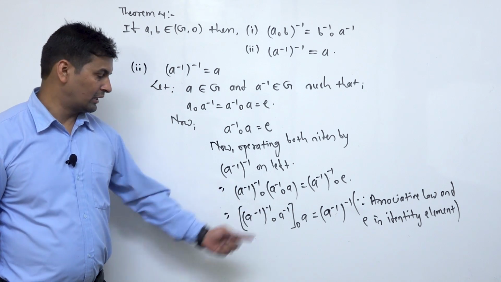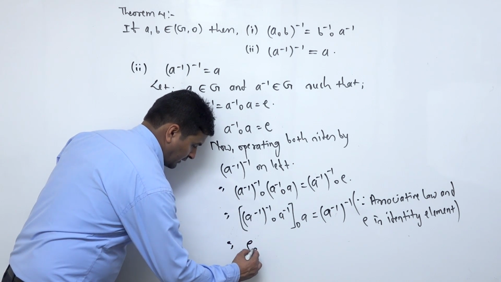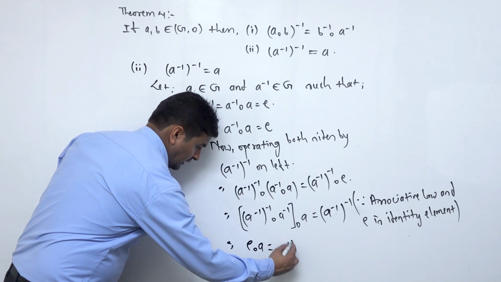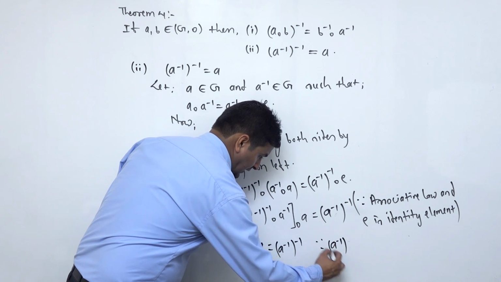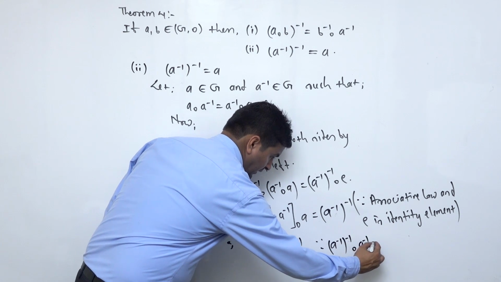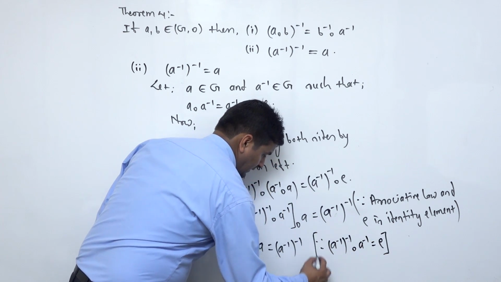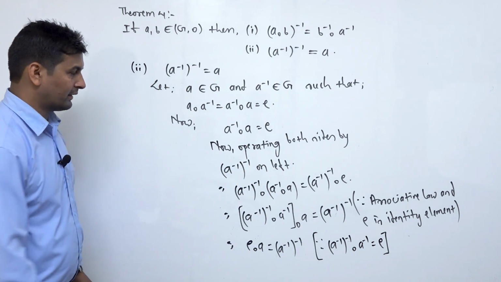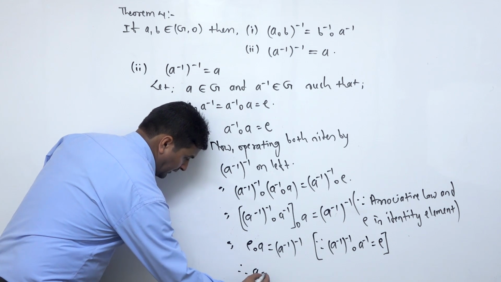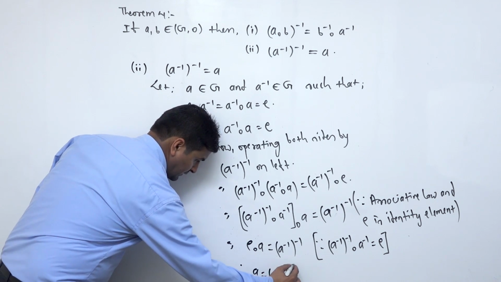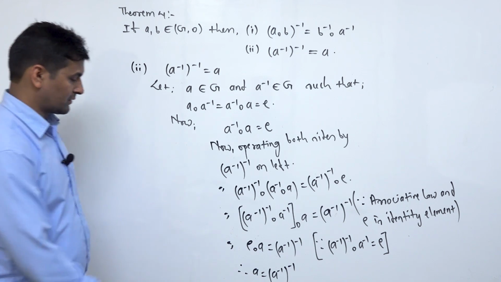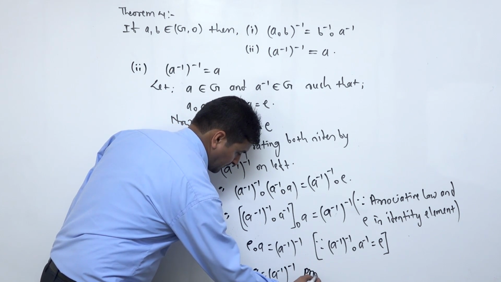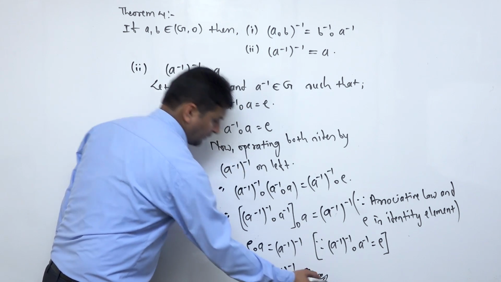So e not a equals a inverse whole inverse. Since a inverse whole inverse not a inverse equals e, and e not a is a, therefore a equals a inverse whole inverse. It is proved. This is the proof of this theorem.